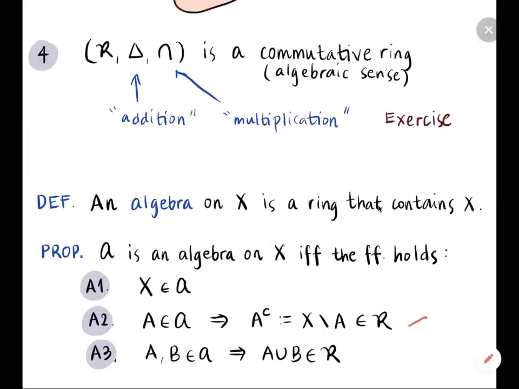Well, this comes from the fact that X is in A and a ring, an algebra which is also a ring, is closed under the operation of taking set differences. And then finally, it must be closed under union.